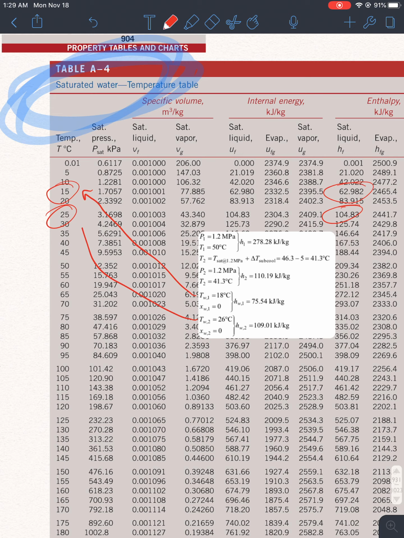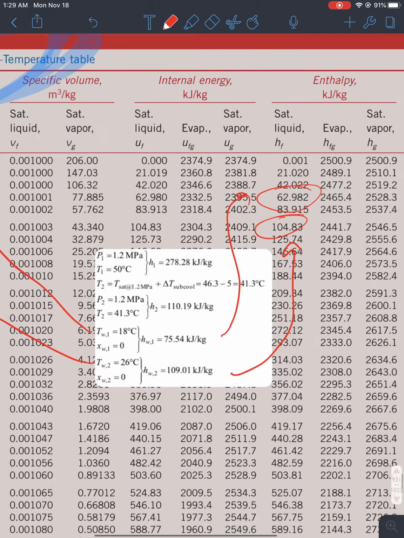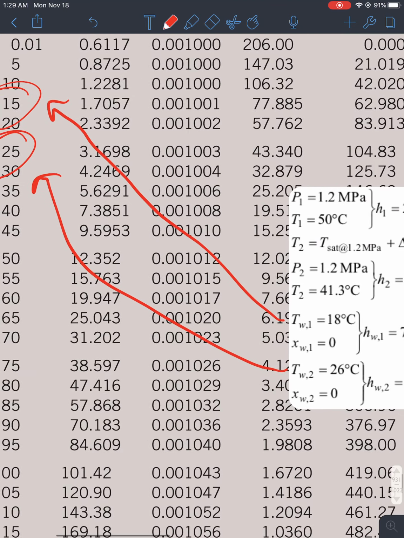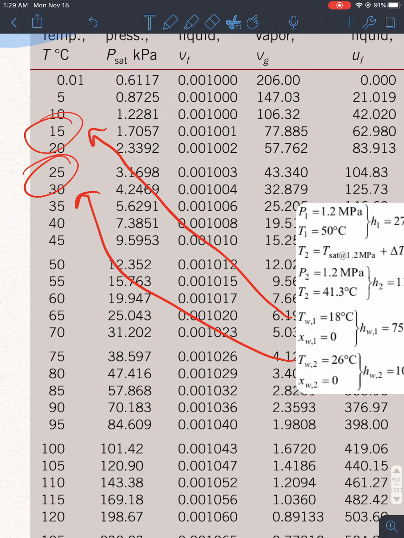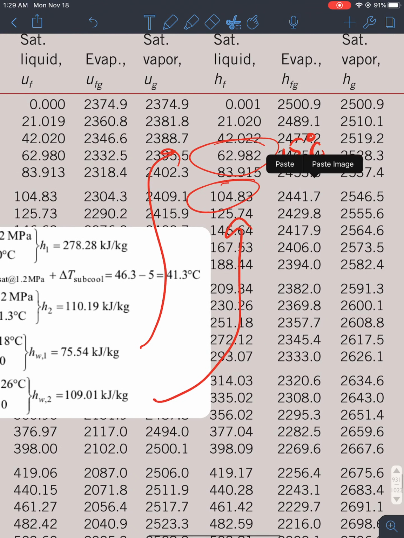So these temperatures are in between the table temperatures, and over here these values are ballpark around it. So here's 15 degrees, and let's just copy that over.